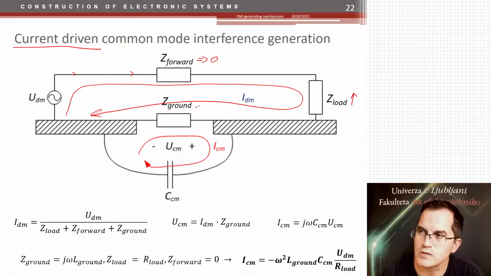And usually what we care about in the ground impedance is the inductance part. The forward impedance, the impedance of a connection line, is even larger. So Z forward is larger than the Z ground.